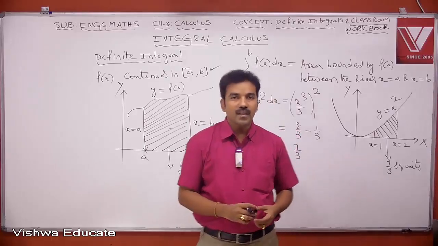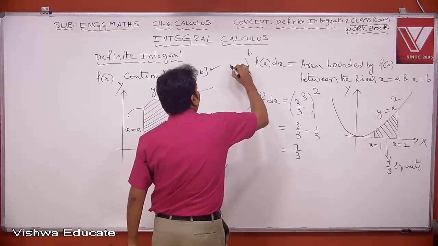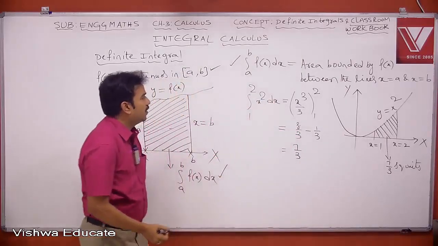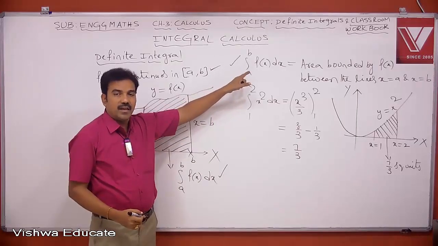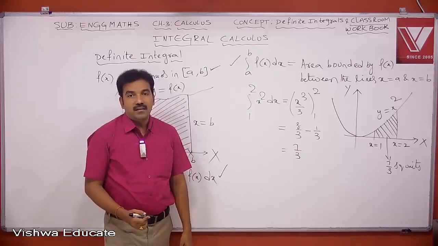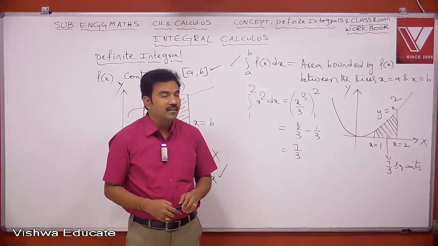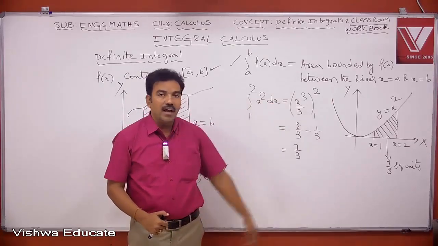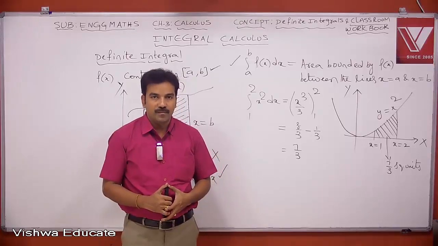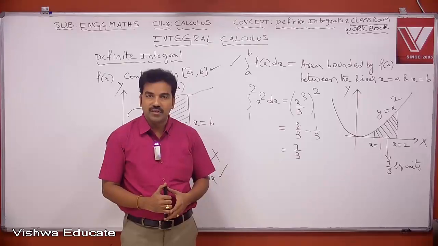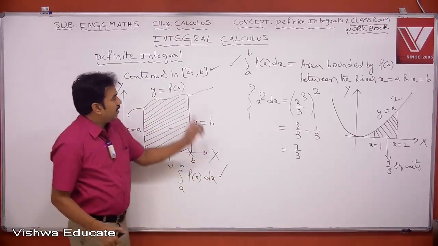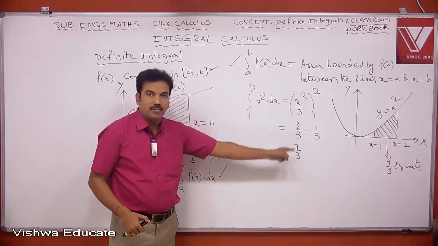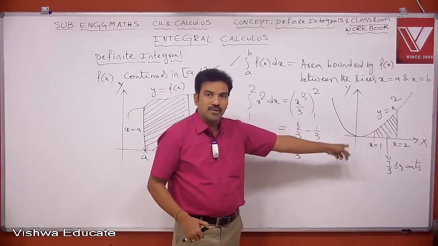Then integral a to b f of x dx is nothing but area bounded by f of x between the lines x equal to a and x equal to b. So draw this graph and illustrate this by taking an example, followed by this graphical representation.